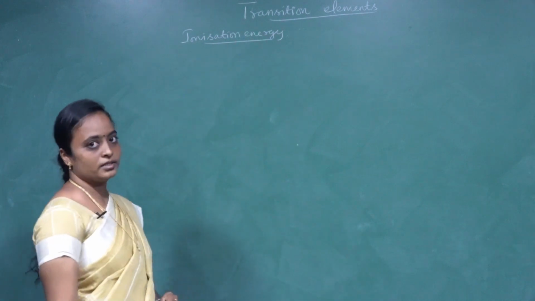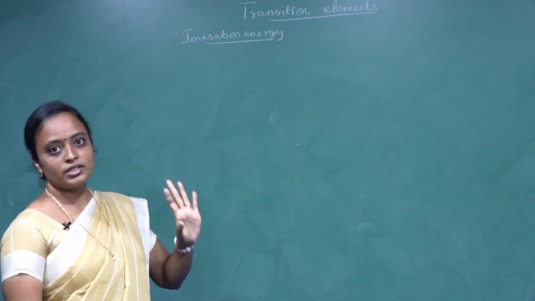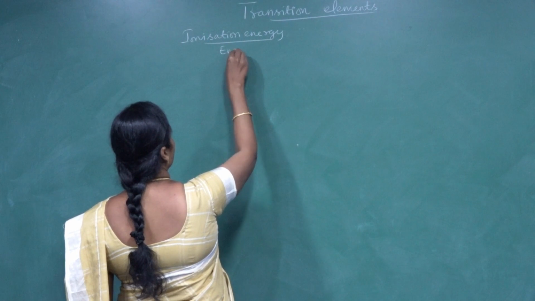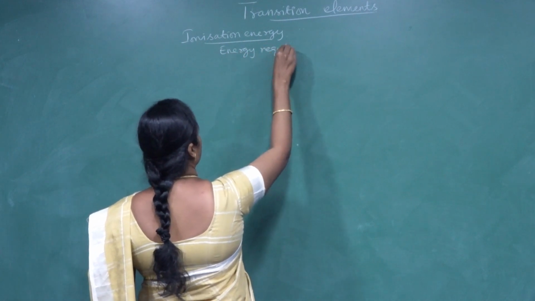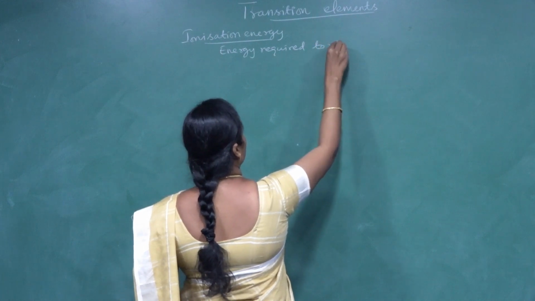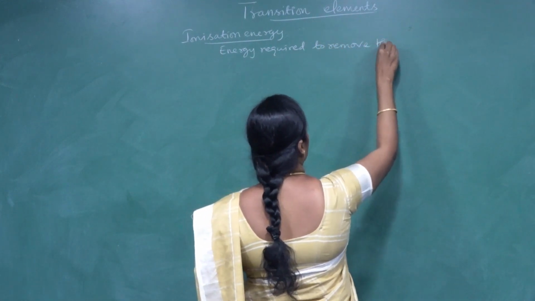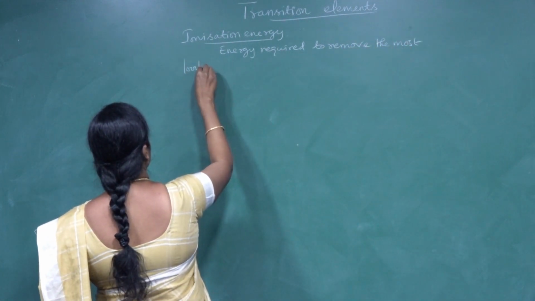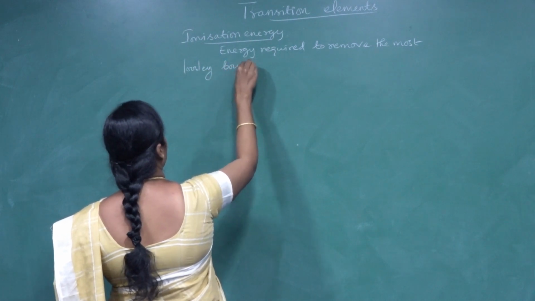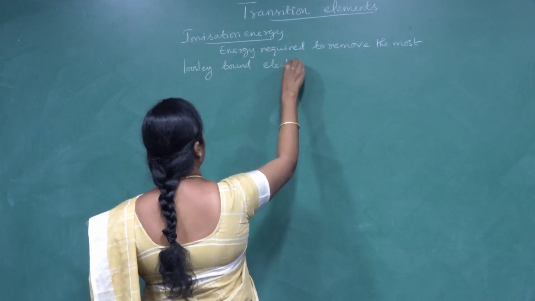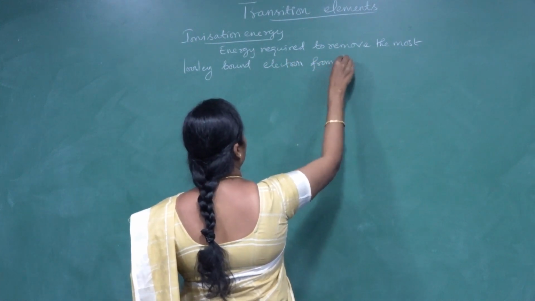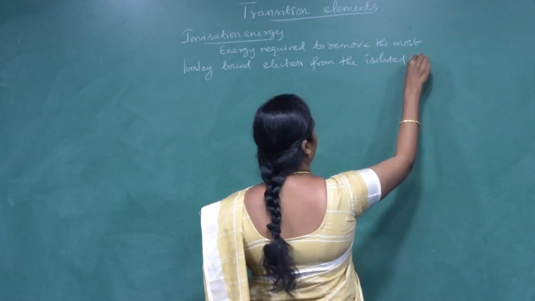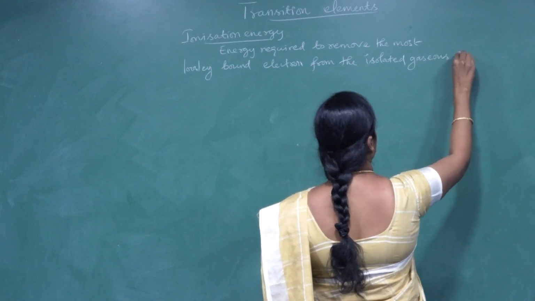Okay, ionization energy. So first, what is ionization energy? It is the energy required to remove the most loosely bound electron from the isolated gaseous atom.